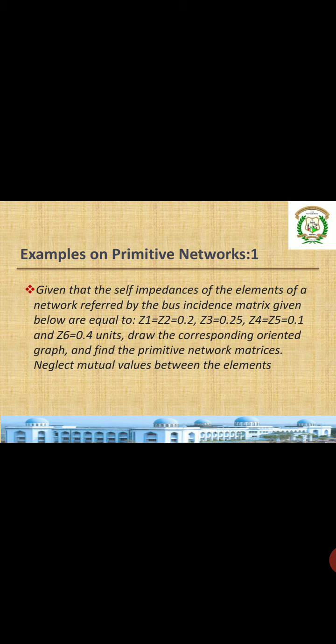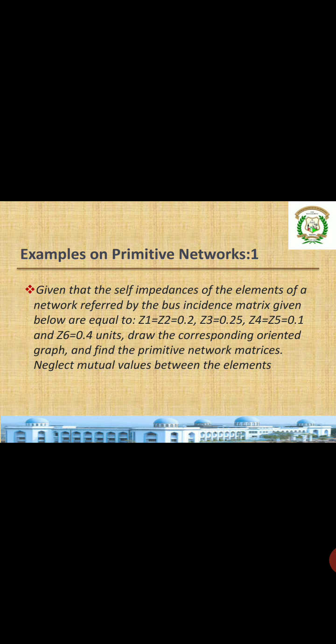Given the self impedances of the elements of a network described by the bus incidence matrix given below, a total of 6 elements is given. Elements 1 and 2 have an impedance of 0.2 per unit, the third element has 0.25 per unit, the fourth and fifth elements have 0.1 per unit, and the sixth element has 0.4 per unit.